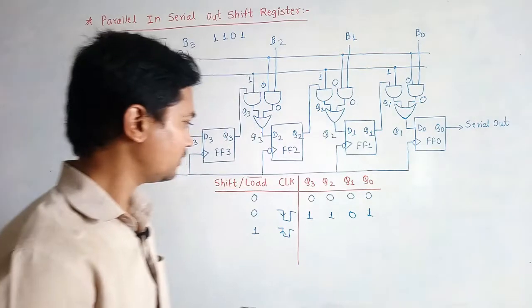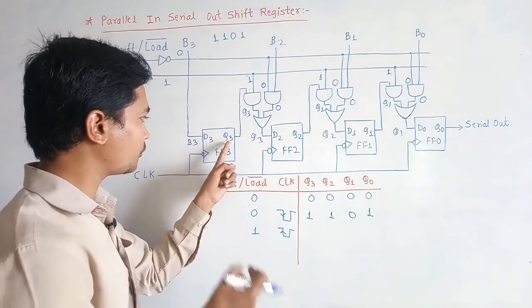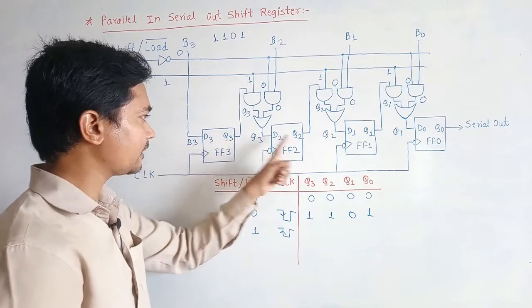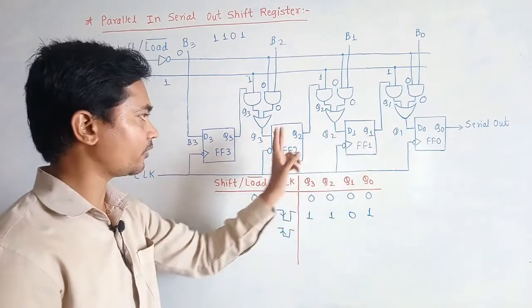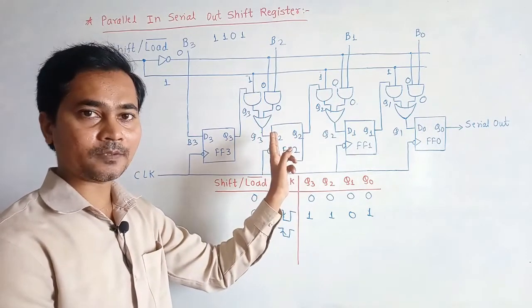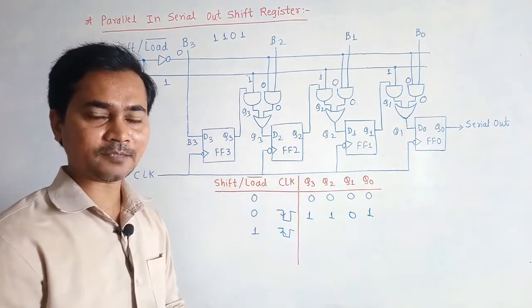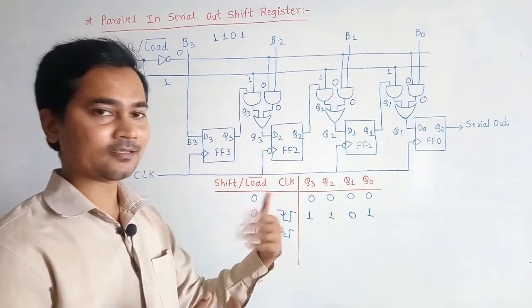Now we go on applying the clock signals, so that whatever output is available at Q3, Q2 and Q1 will be applied to the next flip-flop, and hence the data will be shifted towards the right side. That means we are shifting the data serially.